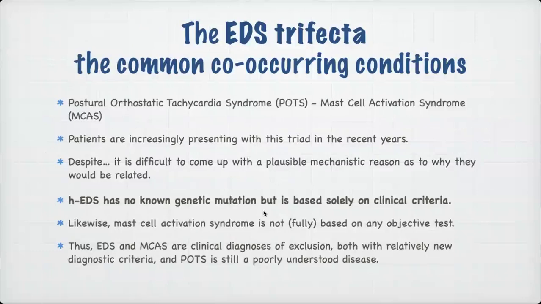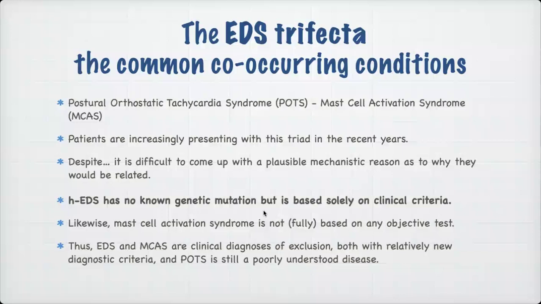So before we completely wrap up this study, I wanted to add an extra study to this that has been done, I believe, 2-3 years ago, this whole EDS trifecta, the common co-occurring conditions. So POTS and MCAS are increasingly presented in people with EDS, and that's why we call it the EDS triad.